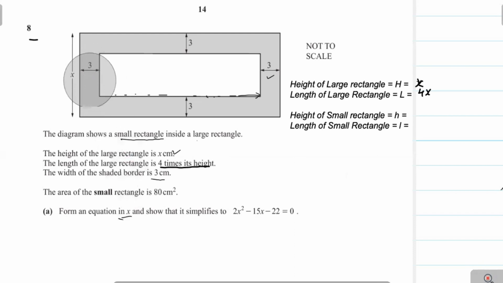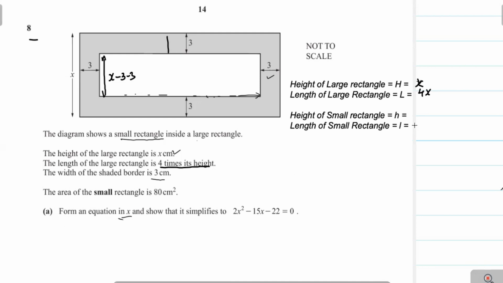And next is the height of the small rectangle. This is the small rectangle height, and this height will be equal to x minus 3 minus 3, because we will subtract the border from top to bottom.